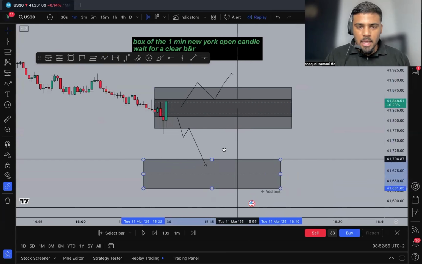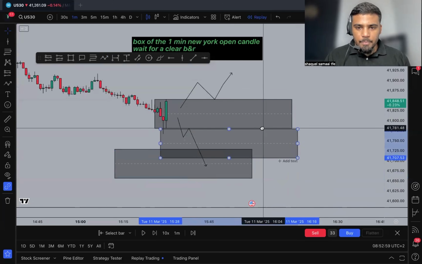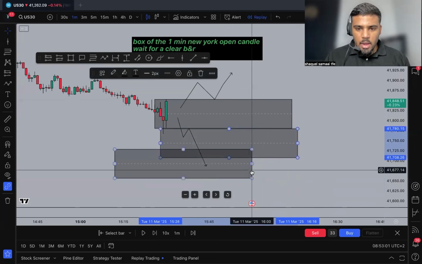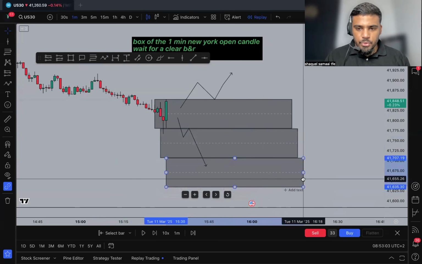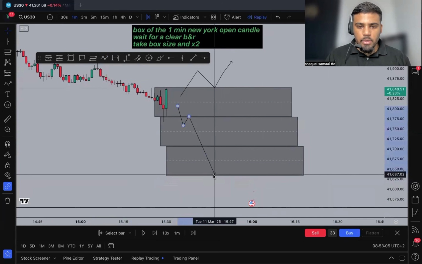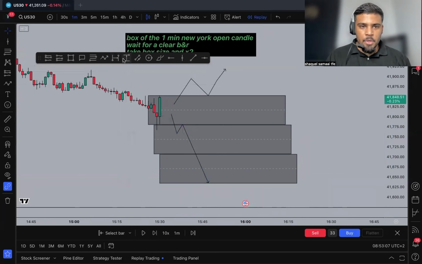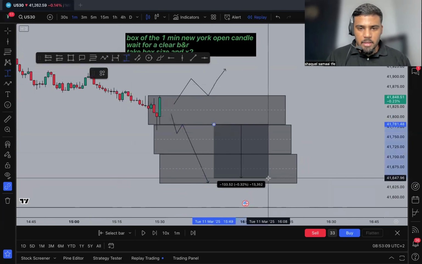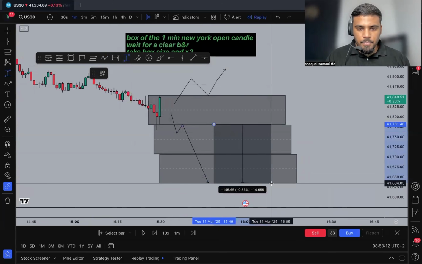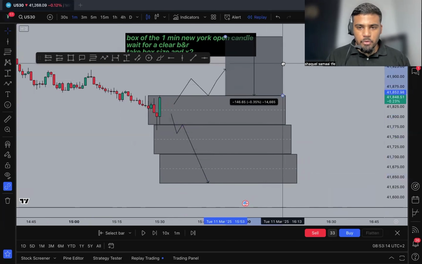So if I'm going to sell, it's going to be like that: 1 and then again 2, and that's going to be my target for a sell. Do you guys get that? I just take the entire size of that, that's 2 basically, and that will be my take profit if I have to buy.